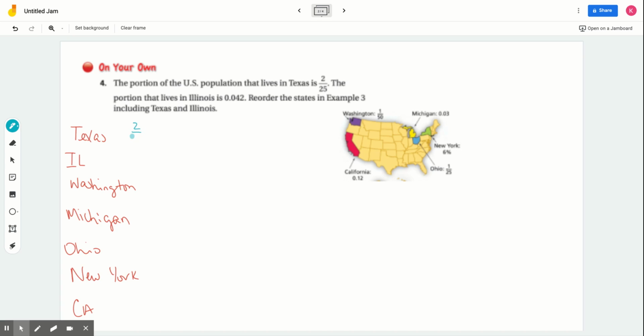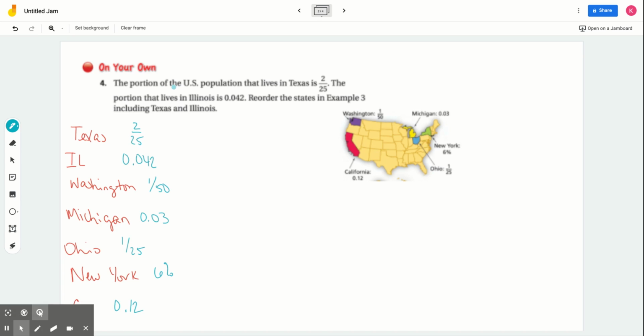So 2/25 for Texas, 0.042 for Illinois, 1/50th for Washington, 0.03 for Michigan, 6% for New York, 1/25th for Ohio, and 0.12 or 12 hundredths for California.